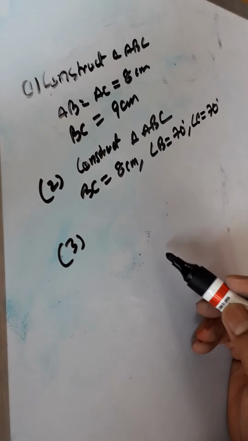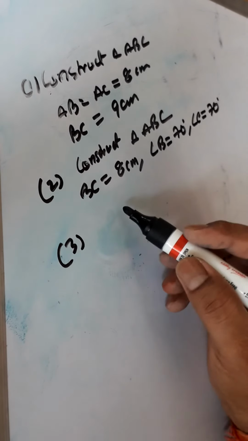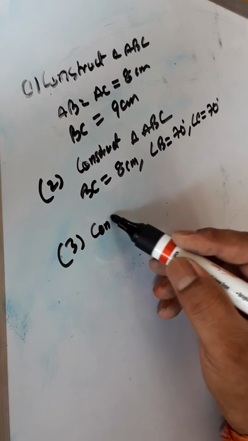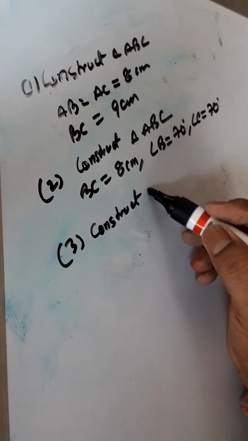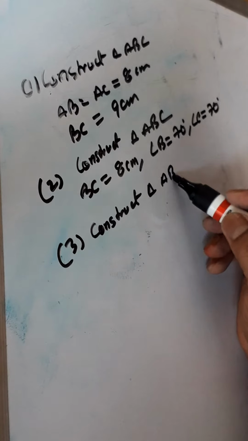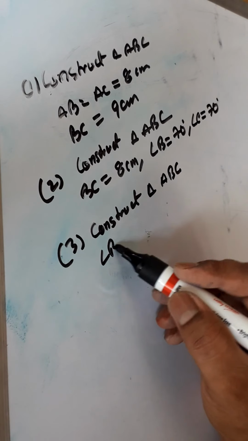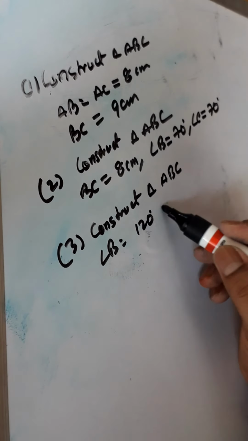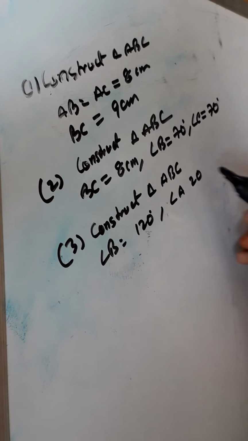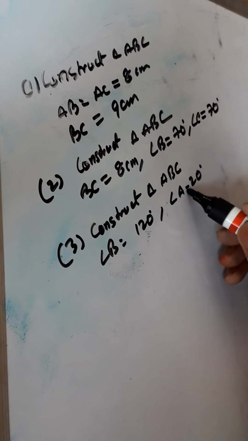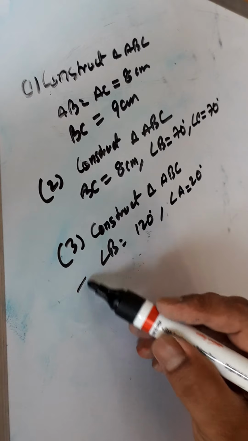Third question, construct a triangle ABC in which angle B is 120 degree, angle A is 20 degree. Be careful in the construction of this.